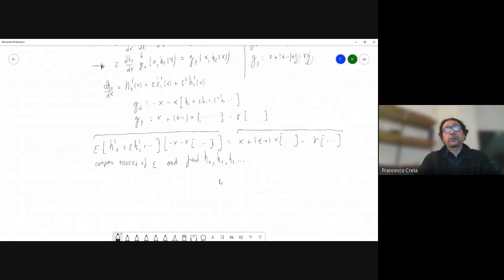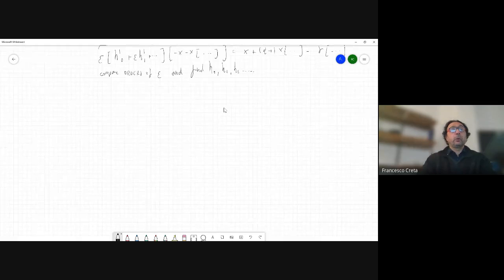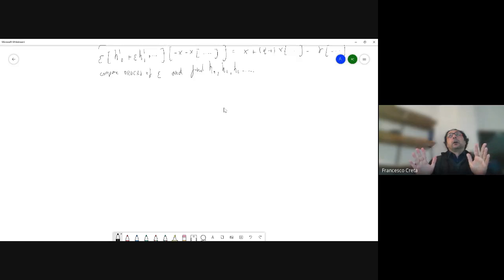This is just out of curiosity, how do we find, what's the big procedure to find all the terms in the expansion? I mean, as long as you find the first term H0, you'll know most of the things that are needed. But anyway, what is important is that we finished analyzing the first of the two toy models, okay?